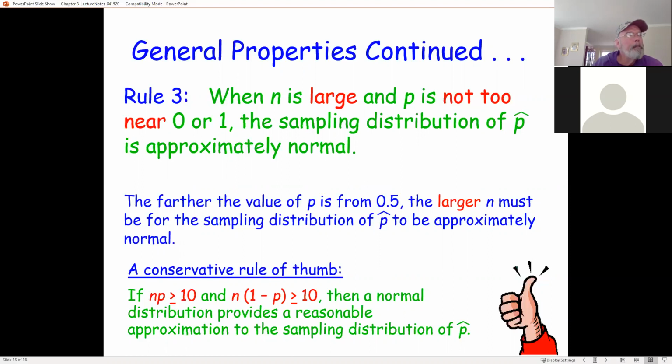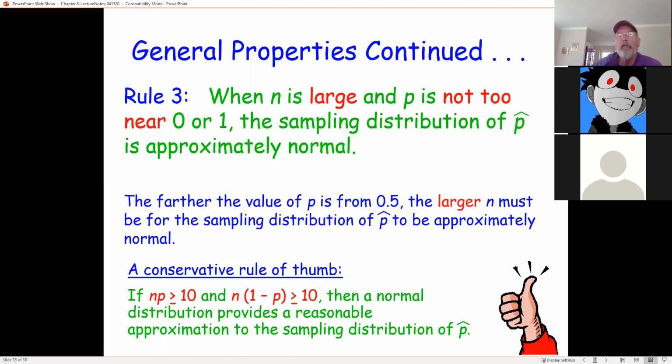Well, an easy way to think about it is 0.07 times 100 is going to be what? 7, right? So Eric, is that greater than or equal to 10? It is not. So we need a sample size not at 100, but maybe at 150.